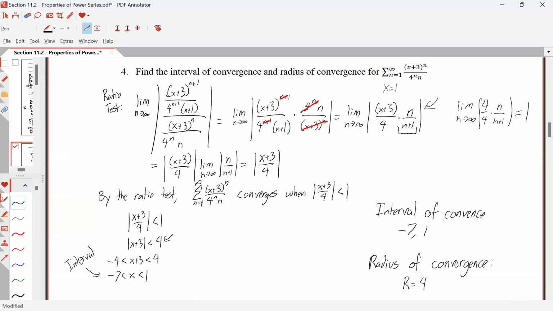If I plug -7 in, I would get -4 over 4, and that limit is still going to be 1. So for x equals -7 and x equals 1, the ratio test is inconclusive.